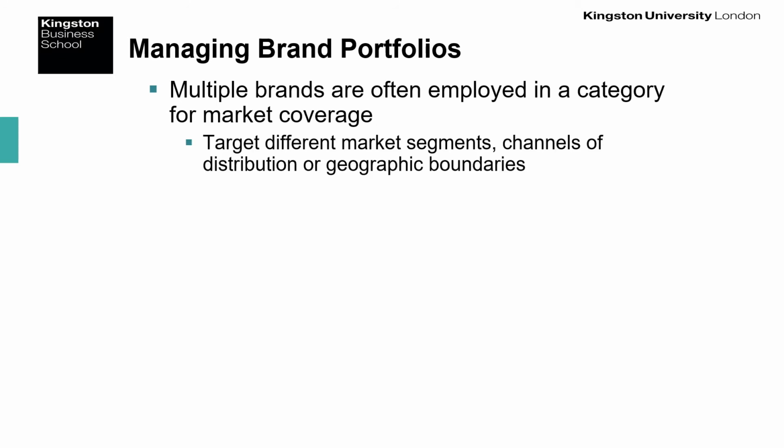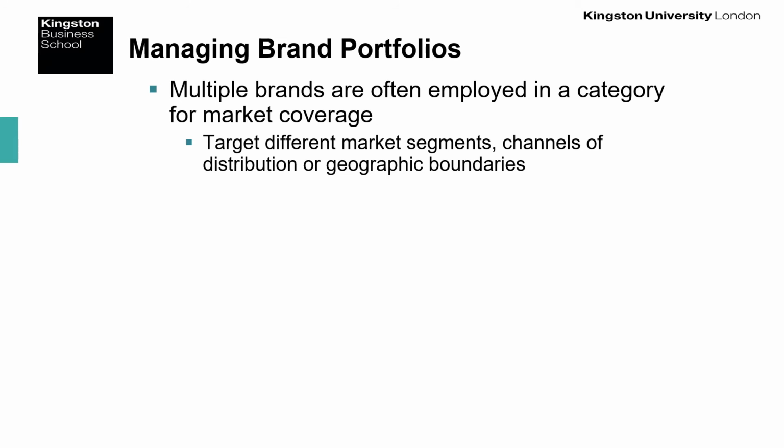And this might be, for example, to target different market segments. You may have a luxury brand and a premium brand. The luxury brand targeted at the less price-sensitive consumer, and the more budget brand targeted at the more price-sensitive consumers.